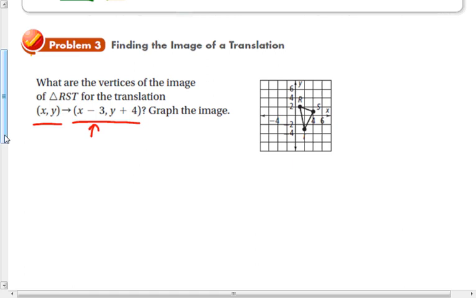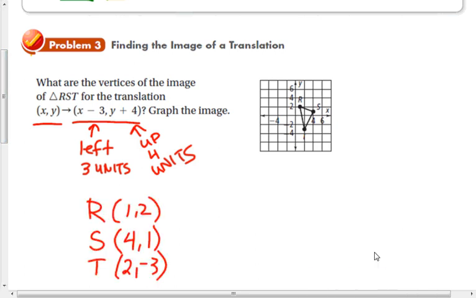Since it's the x coordinate, x is left and right, and a minus 3 would mean we're translating it to the left 3 units, and y plus 4 would mean we're translating it up 4 units. So let's label our points with the coordinates for those points. All right, so here are our points, and we're going to map those using this rule.